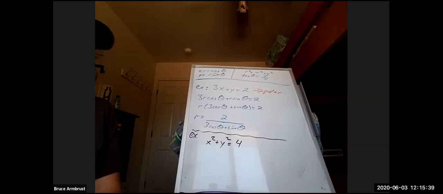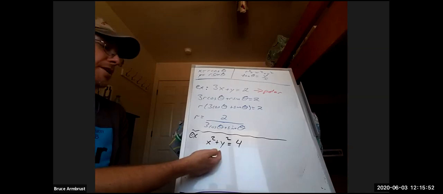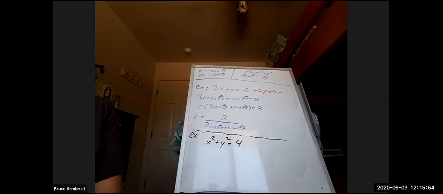So that's another pretty common graph. Do you guys recognize it? Yeah, that's right, William. It's a circle. It's a circle centered at the origin. It's got a radius of 2, but no big deal, right? So it's a circle. But watch what happens when we go to polar.